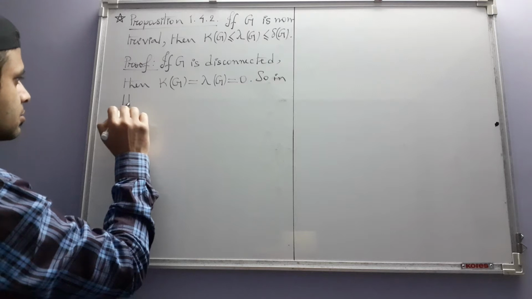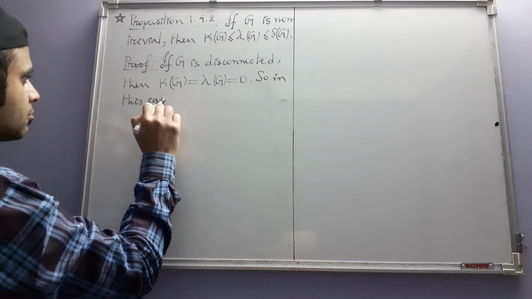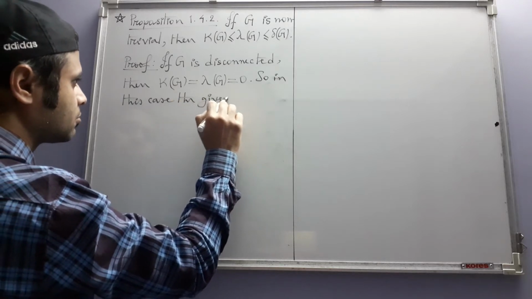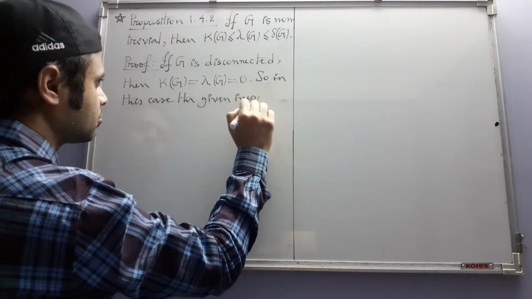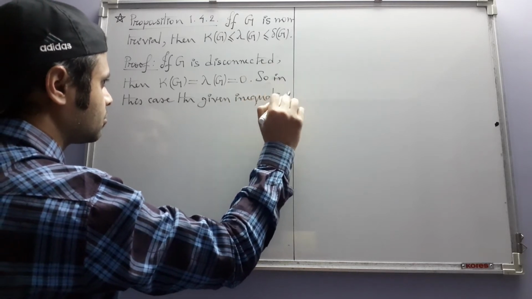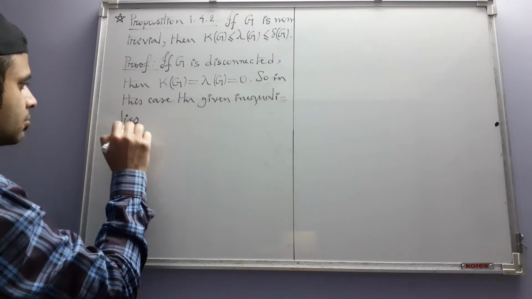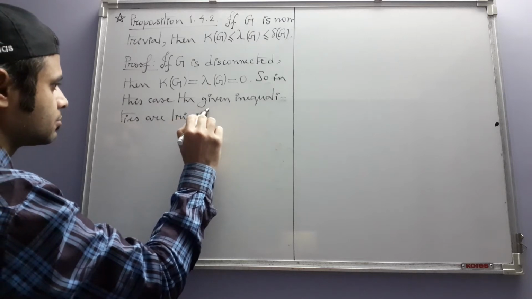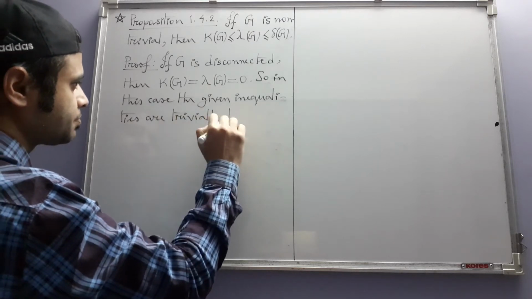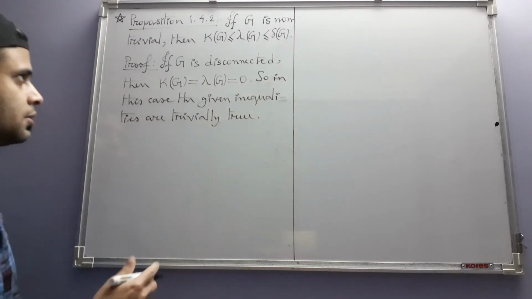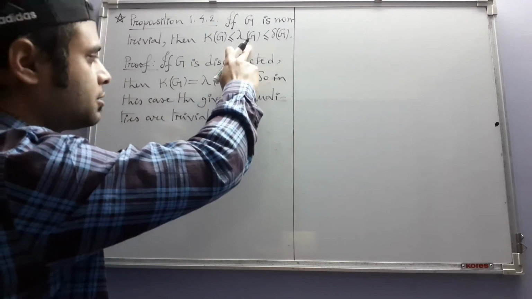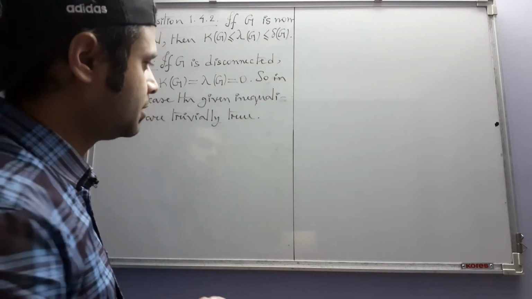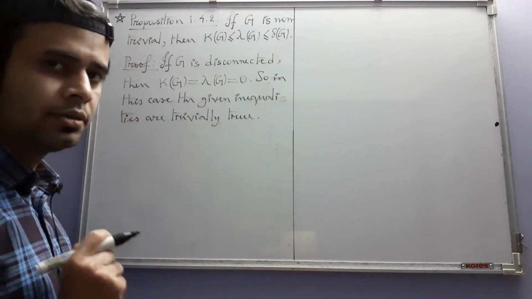So in this case the given inequalities are trivially true. That is because both of these quantities are 0, and the minimum degree of G is by definition a non-negative integer, so the inequalities in this case are trivially true.